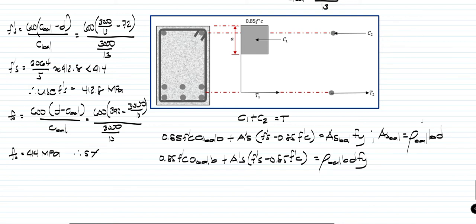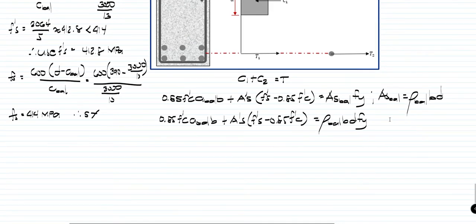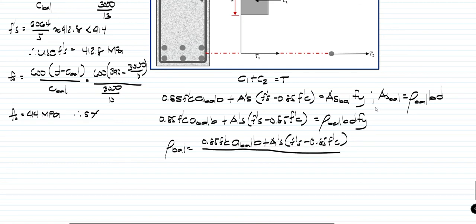So, arranging the terms to get our balance steel ratio, we have rho balance is equal to 0.85 f'c a balance b plus A's times f's minus 0.85 of our f'c, divided by bd Fy.